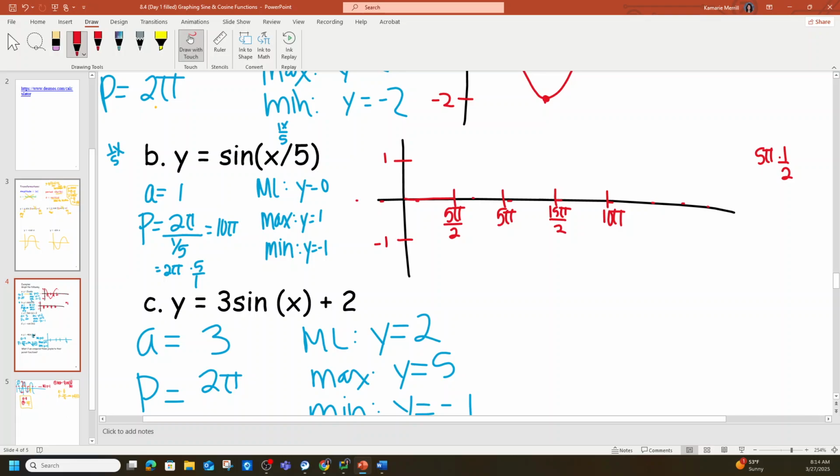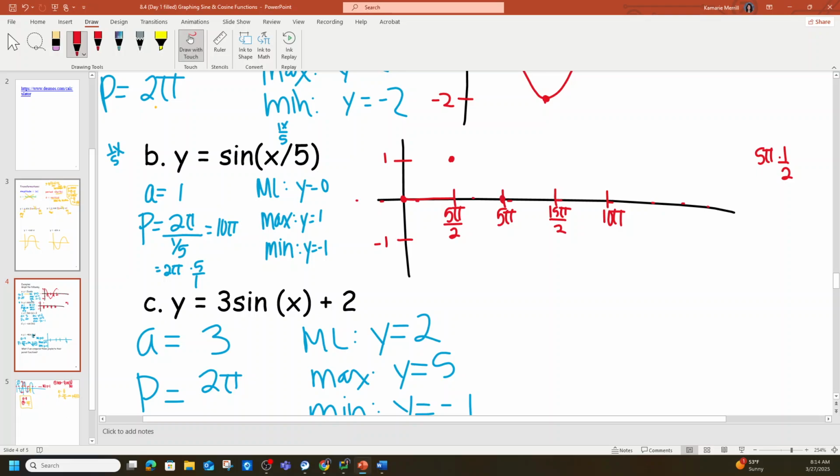It's a sine function, so see how I'm not making you plug anything in? It's like a pattern you're memorizing. So I told you it'd be easier to graph. Do sine functions start at the midline or start at a max or a min? They start at the midline, and then it's a positive function. So do I go up to a max next or do I go to a min next? I go up, so I'm going to go up to a max. What's going to happen halfway?